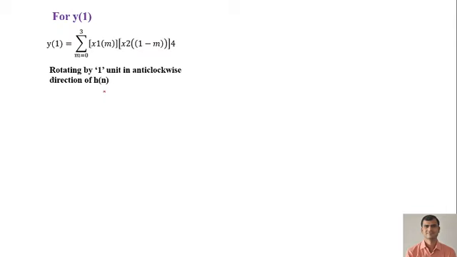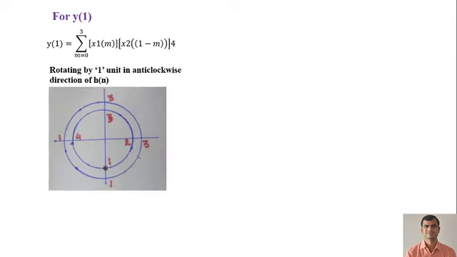So we have to rotate in the anti-clockwise direction by 1 unit to have the sequence of x2 of 1 minus m. Initially the position of 3 was here, now this 3 is shifted here, 1 shifted here, and this 1 shifted here. So we will be getting the answer for y of 1 as 20.